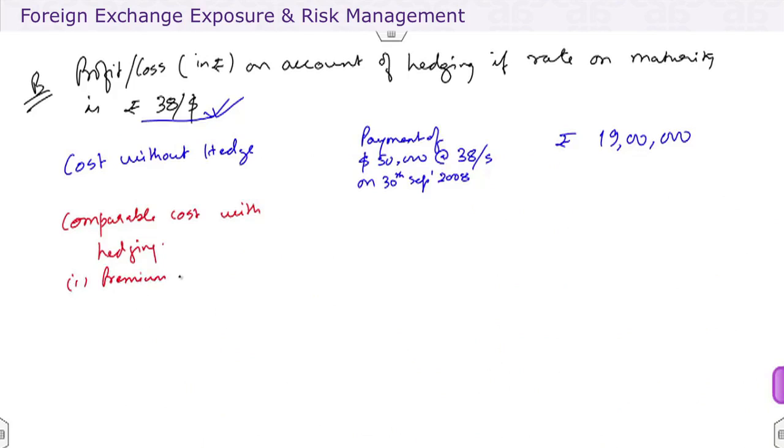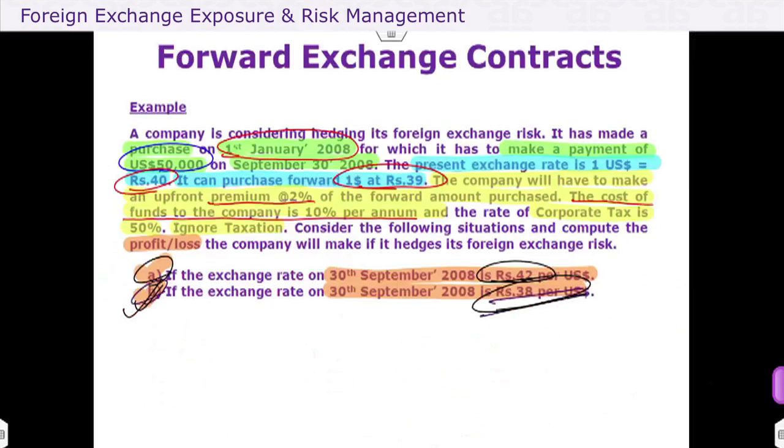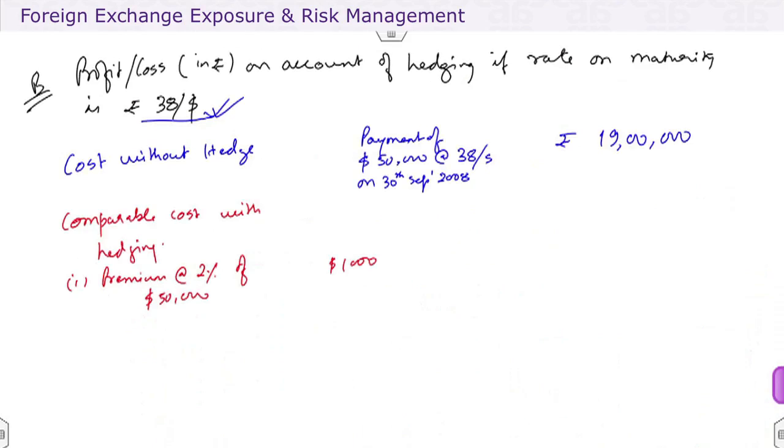The premium is at the rate of 2% of $50,000. Okay, so it comes to $1,000, and since you are entering into a forward contract at 1st of Jan, the rate which is applicable is 40. So the premium cost would be rupees 40,000, at 40 to a dollar.